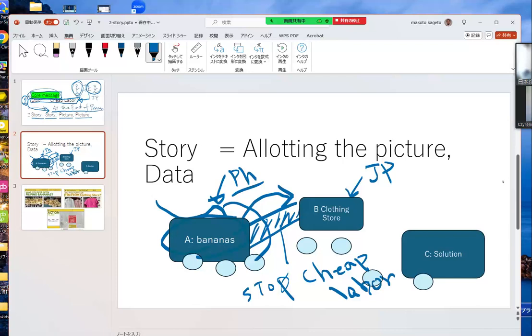So if we just look at this board or presentation, we can see bananas and clothing store. They don't seem to have similarities, but deep inside there is a bridge connecting them, which is our core message to stop cheap labor. Okay, this is the solution.